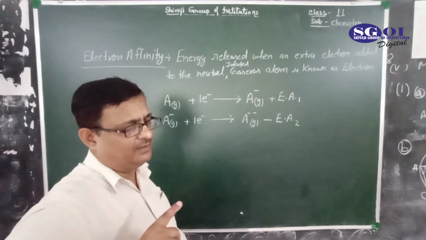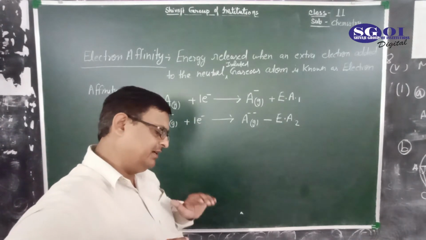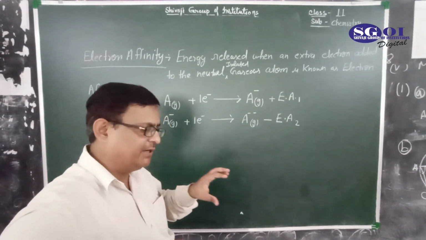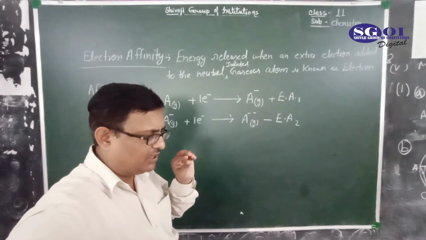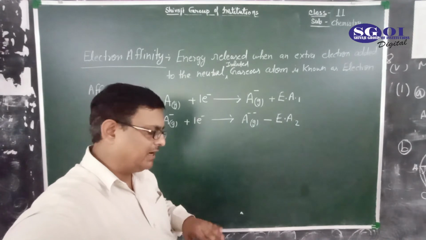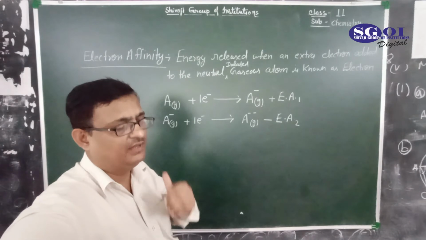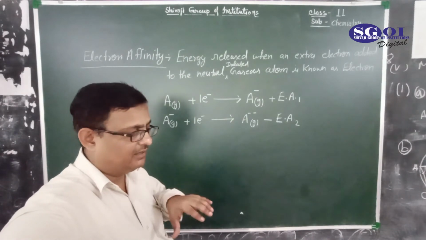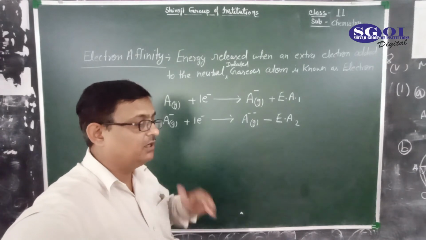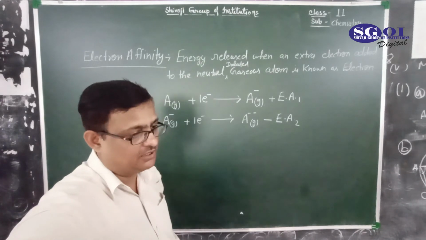When we add the first electron, we do some work and supply some energy to add the electron to the neutral gaseous atom. After adding the electron, some amount of energy is released. So the difference between input and output energy is positive.